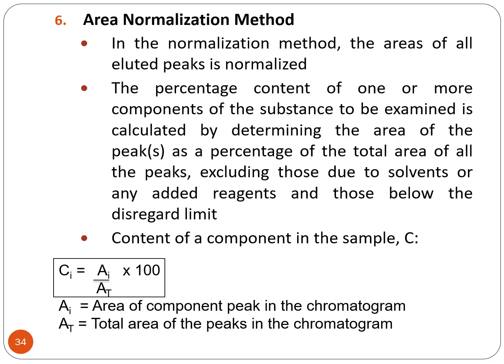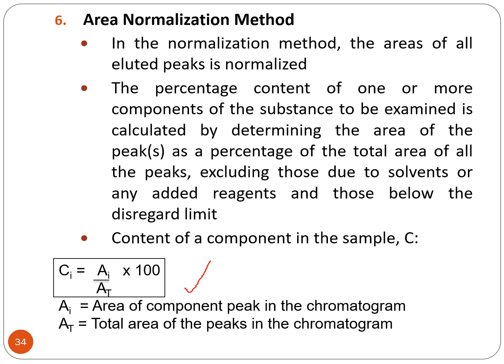Okay, untuk area normalization method ni kita guna this formula. Okay, the percentage content of one or more component of the substance to be examined is calculated by determining the area of the peak as a percentage of the total area of all the peak.